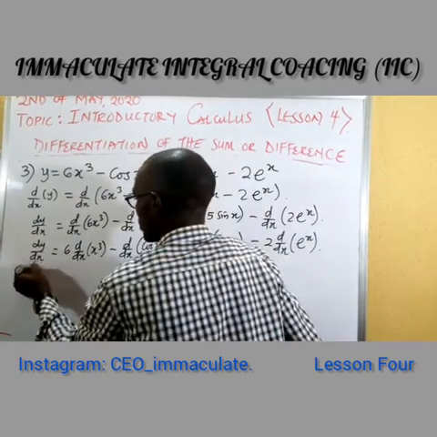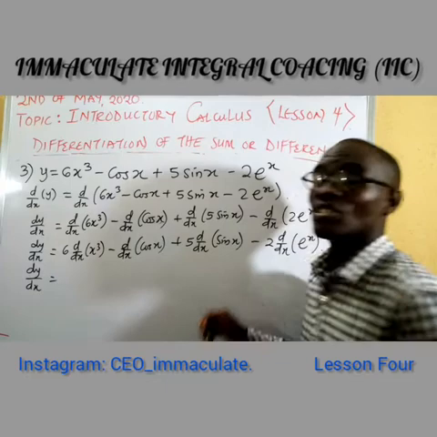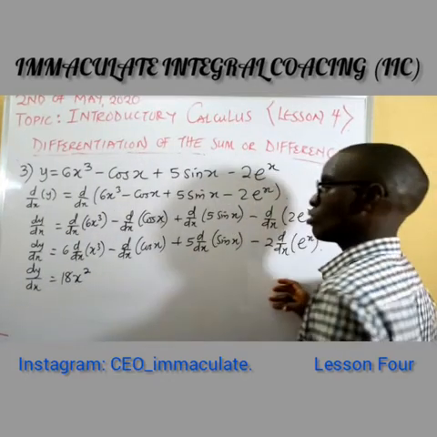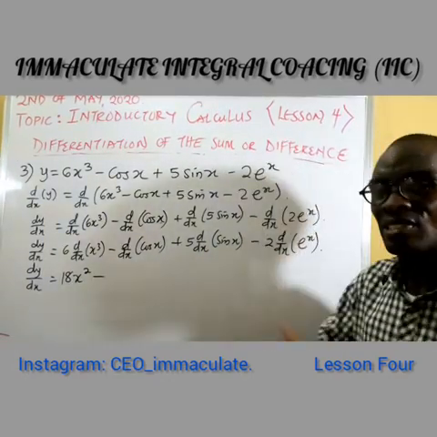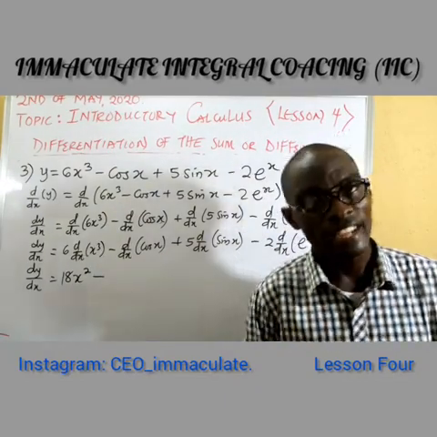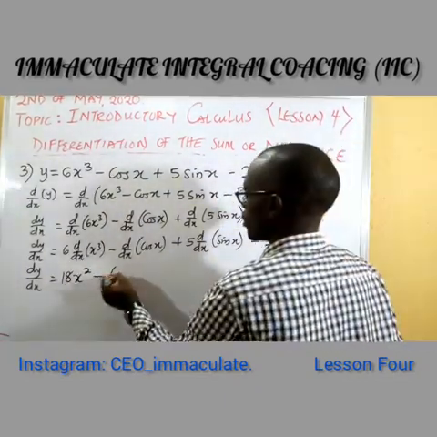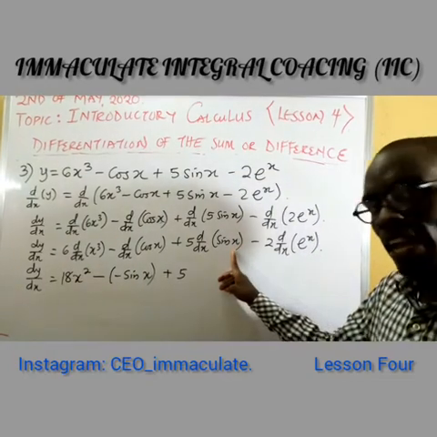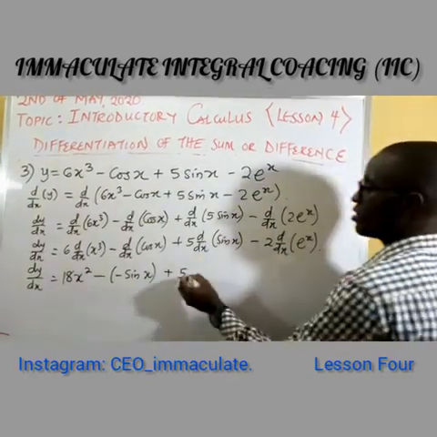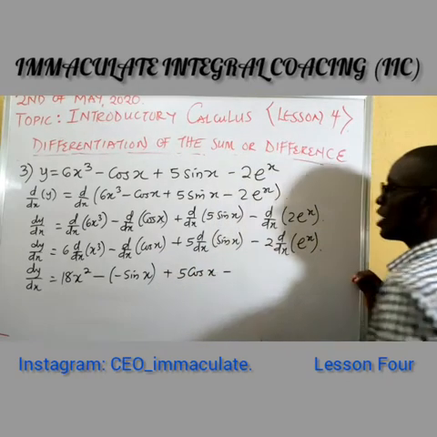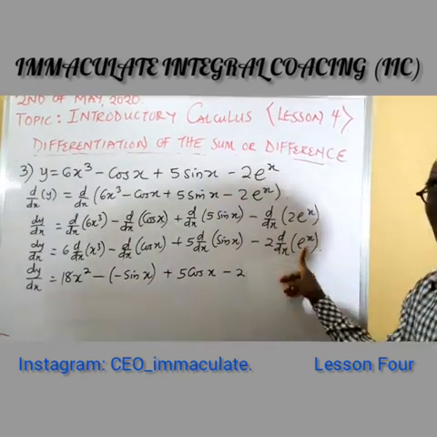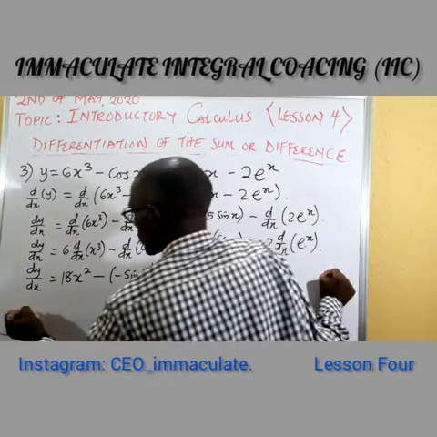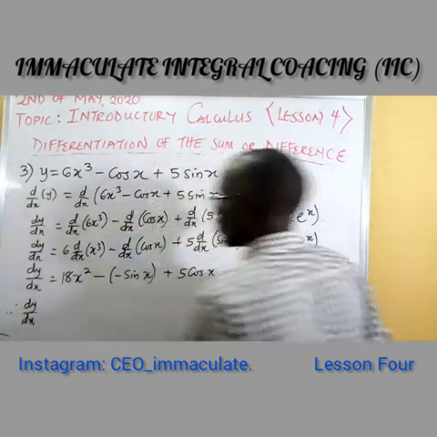So let's start to differentiate. dy/dx equals 6 times 3 is 18x to the power 2, minus, from lesson 3, if you differentiate cos x, it's going to give you minus sin x, so it will be minus minus sin x, plus 5 times, if you differentiate sin x, it's going to give cos x, minus, and if you differentiate an exponential, it still gives us the exponential, e^x. So let's tidy this up.